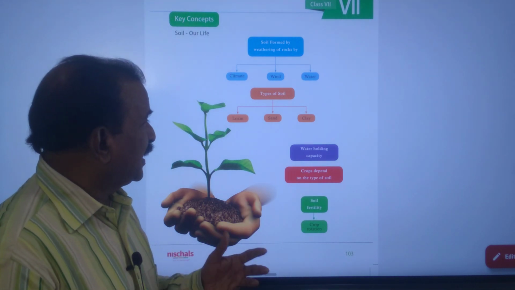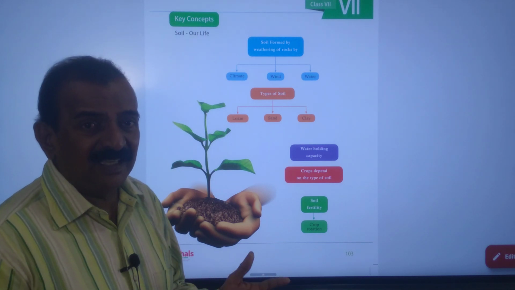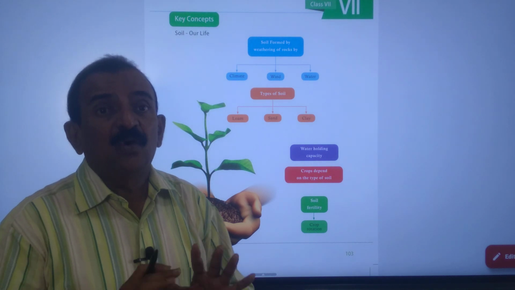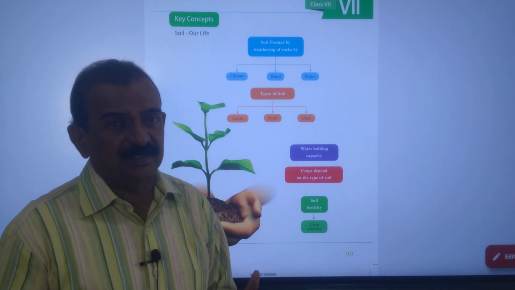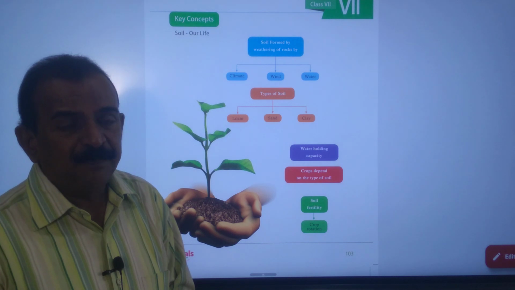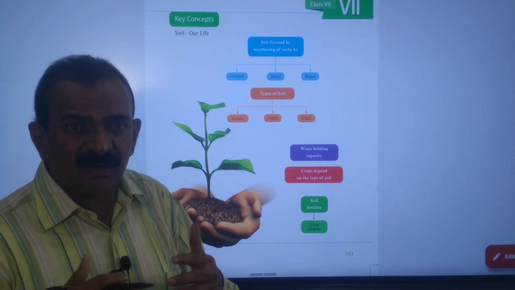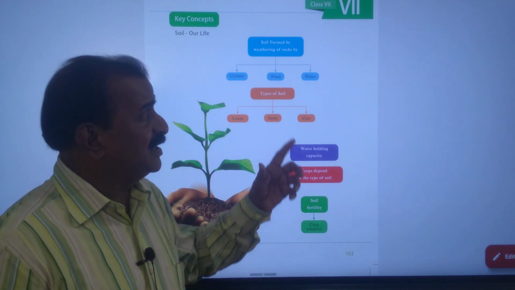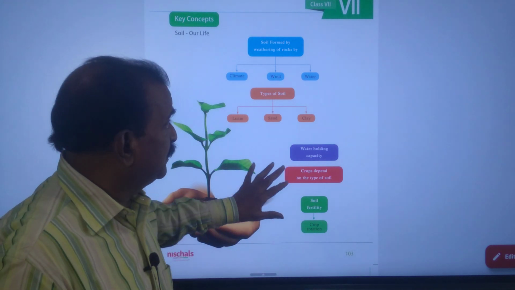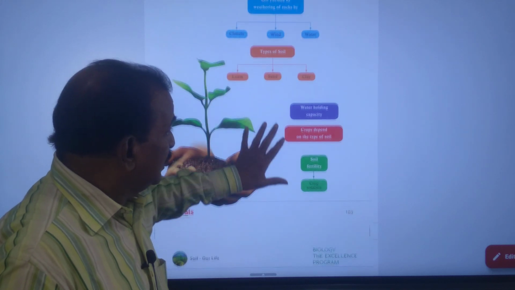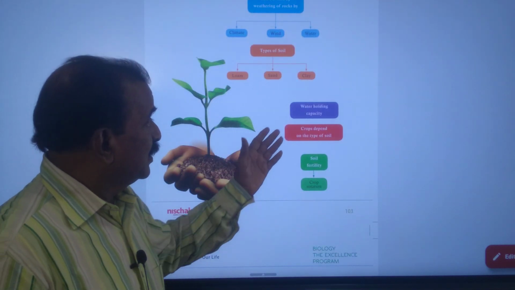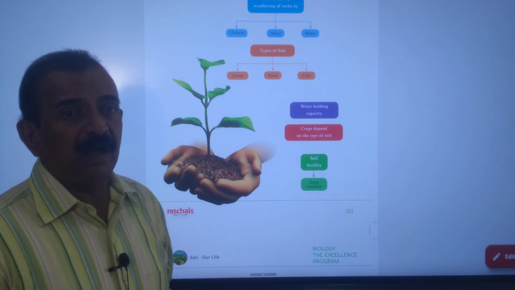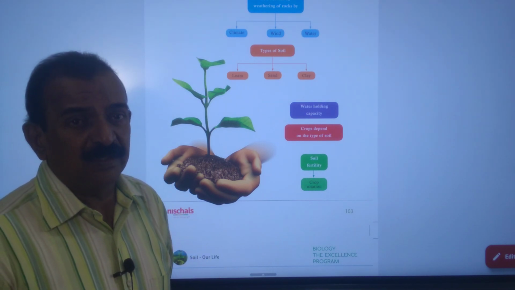So like that, there are 3 types of soils, and these soils are formed by means of the weathering of the rocks. So here weathering of the rocks takes place, and the factors for weathering of rocks are, there you see, first one is climate, and second one is the presence of wind, and third one is water.